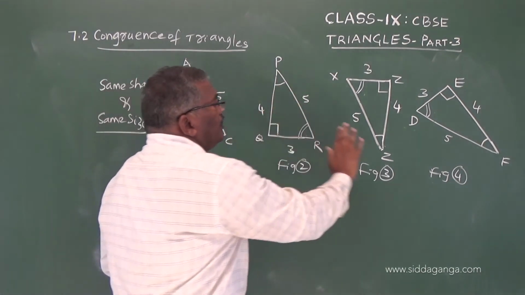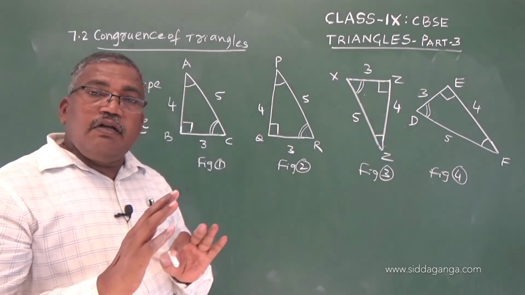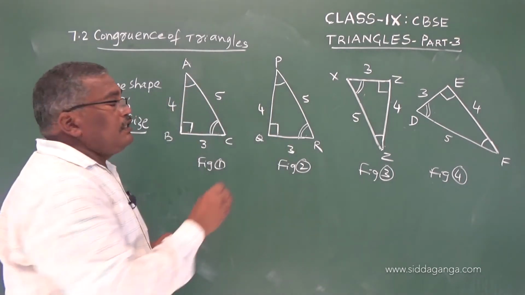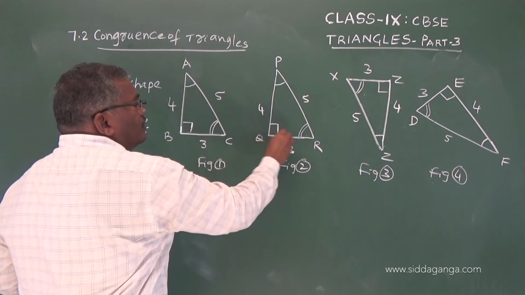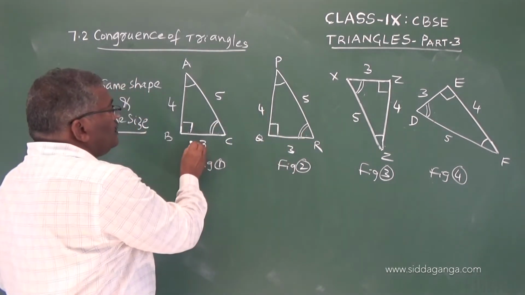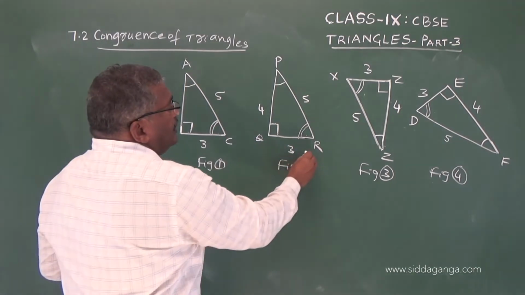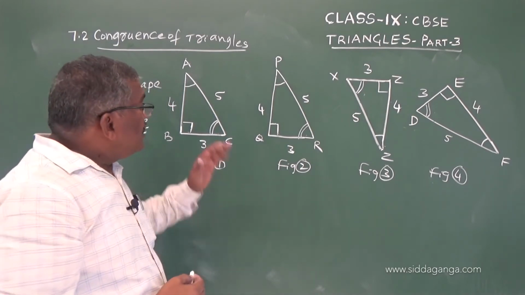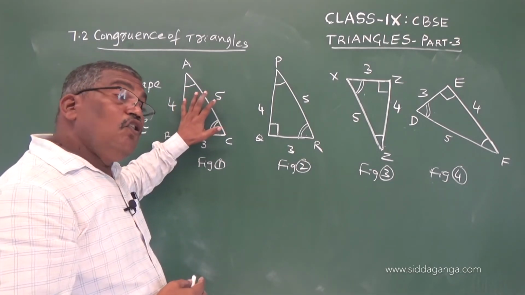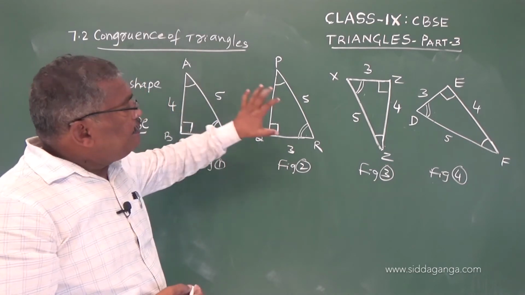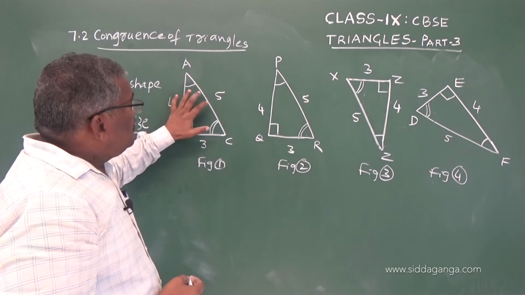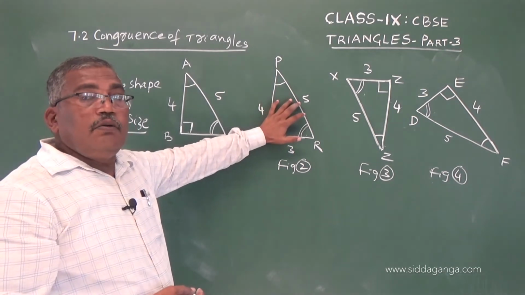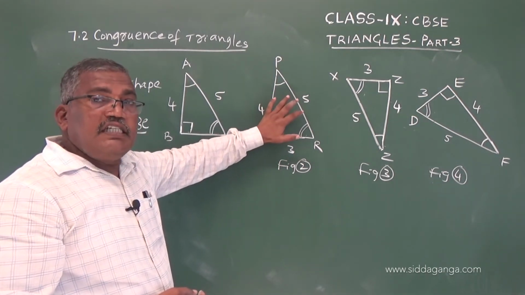Figure 1 and figure 3 are also similar in all respects. So 3 angles of this triangle are equal to 3 angles of the second triangle, and 3 sides of this triangle are equal to 3 sides of the second triangle PQR. So all 6 parts of the first triangle, that is 3 angles and 3 sides, are in all respects equal to the 6 parts of the second triangle.